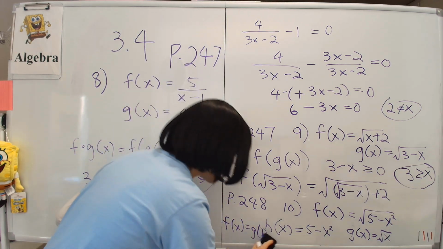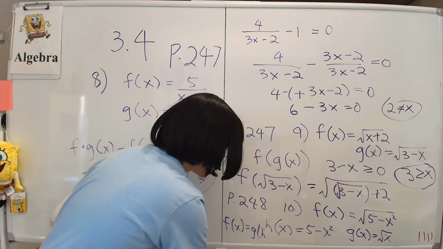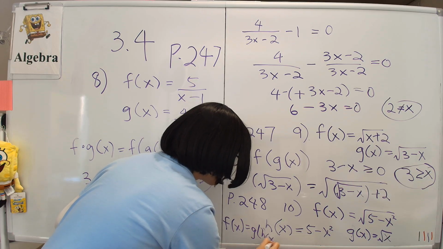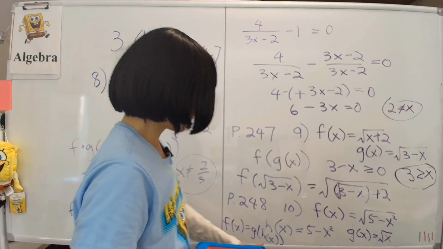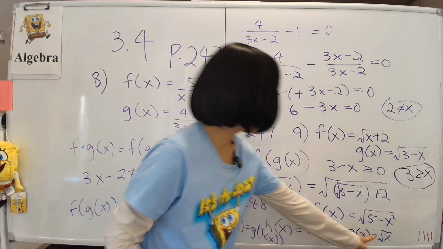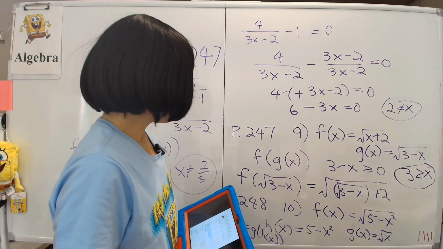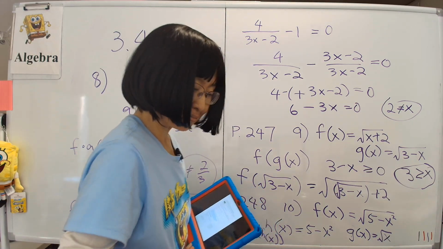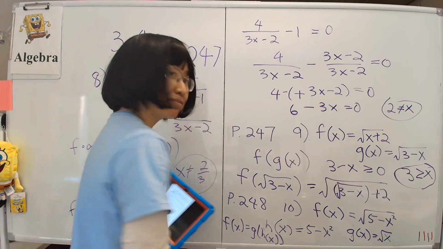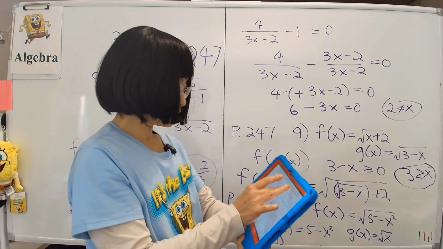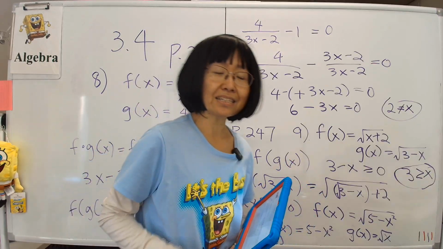I should write that down carefully. Because if you plug h inside the input of g, that's exactly f. That's how we're going to do this kind of problem. So that's good enough. Okay, so that's example 10.